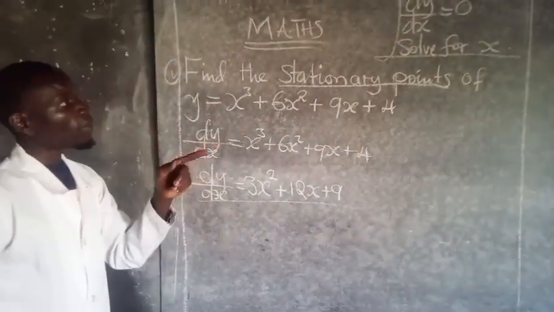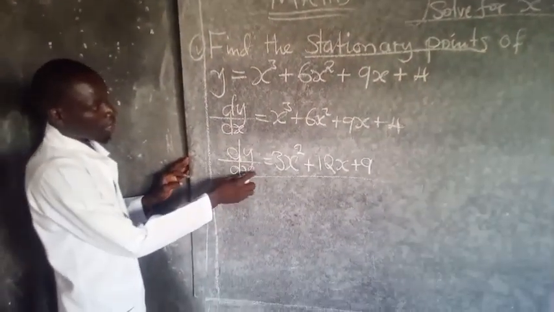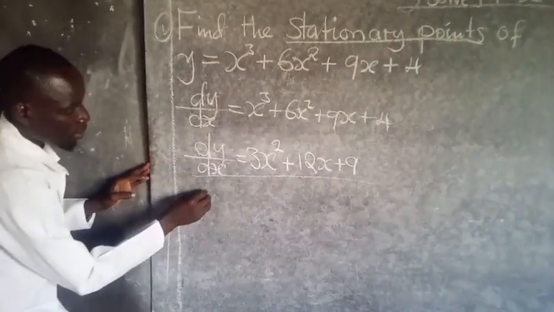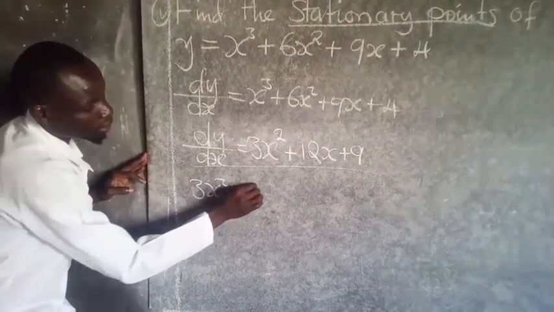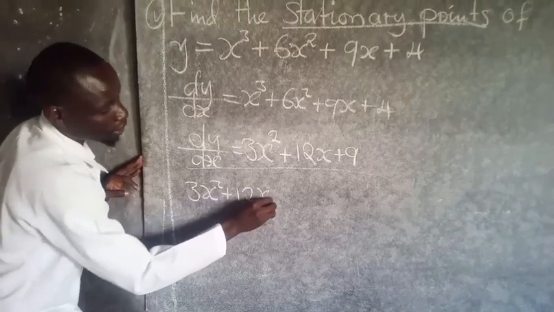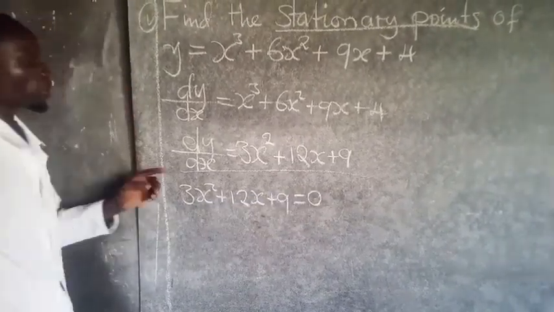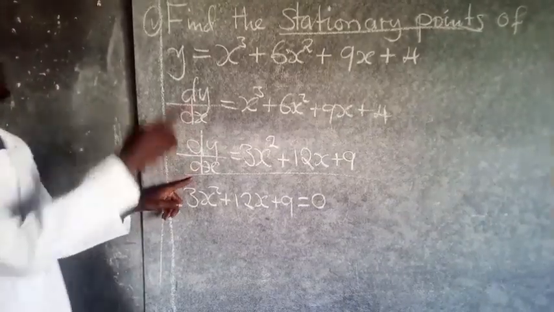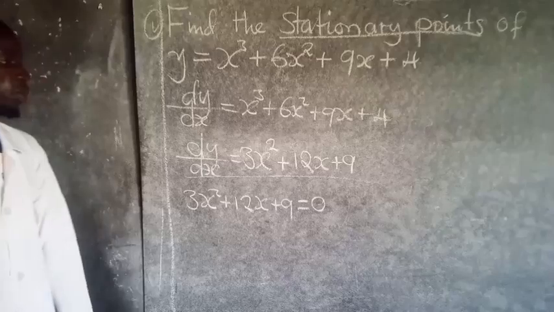So solving for x, you will write 3x squared plus 12x plus 9 is equals to 0, because we are saying dy dx is equals to 0. That's why we are going to equate this question to 0.